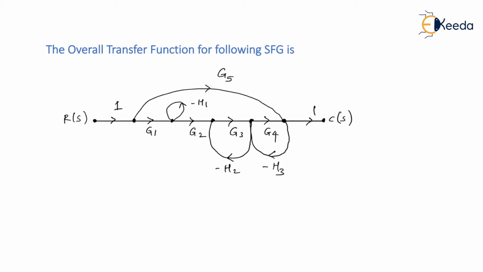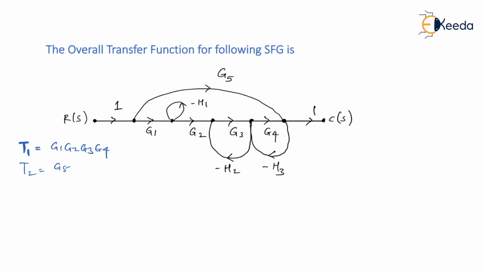Our first job is to find the number of forward paths possible. By observation you can say that there are two possible forward paths: T1 as G1, G2, G3, G4, and T2, the next forward path, as G5.